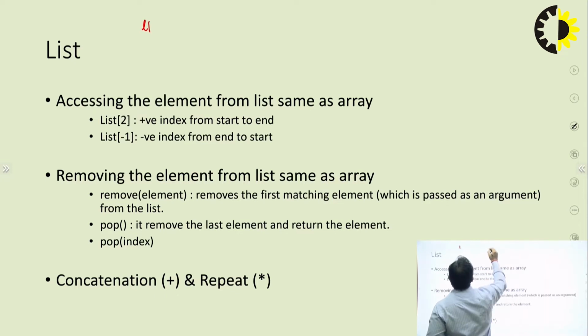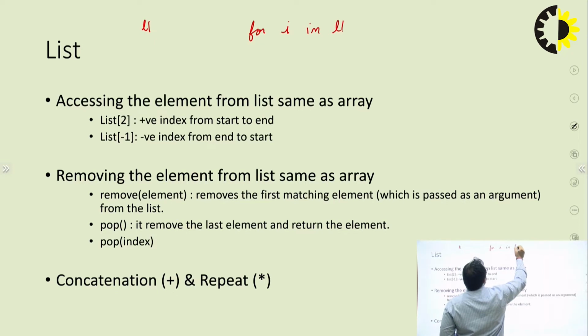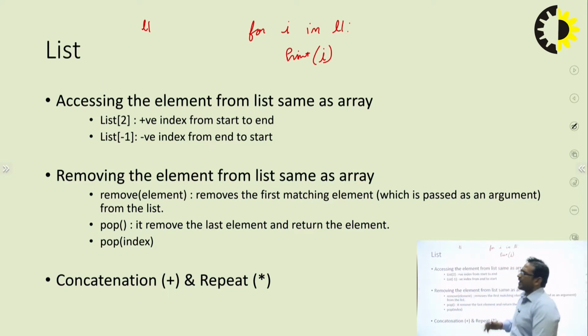You can write for i in L1 and then print i. By using this loop, you can see it takes one element at a time from L1 and gives it to i, and it is printed, right? So this loop runs until it is getting elements from the list L1.